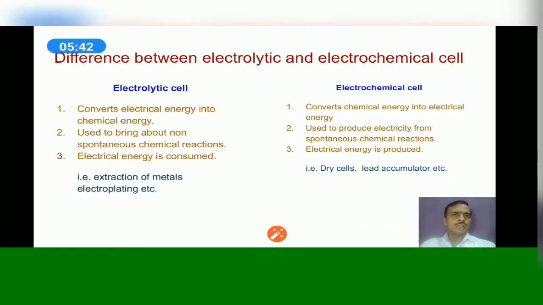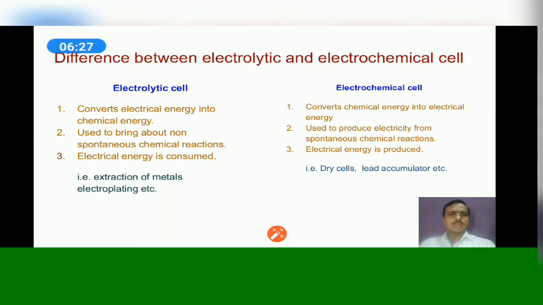Now we have to differentiate between the electrolytic cell and the electrochemical cell. The electrolytic cell converts electrical energy into chemical energy and is used to bring about a non-spontaneous chemical reaction, where electrical energy is consumed.